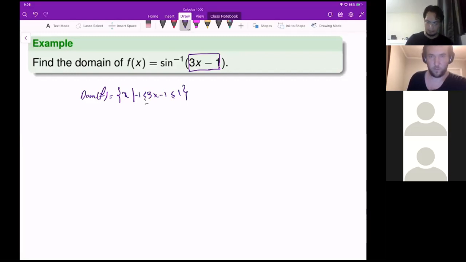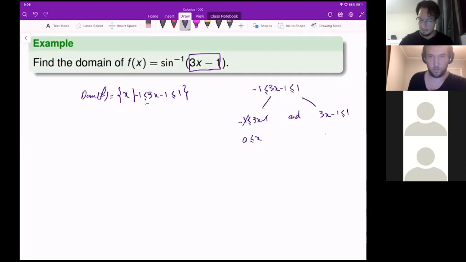So 3x minus 1 between 1 and -1 means that it is bigger than -1 and, sorry, it should be and here, so it is less than 1 and bigger than -1. Then we can cancel. 3x is bigger than 0, so x is bigger than 0.